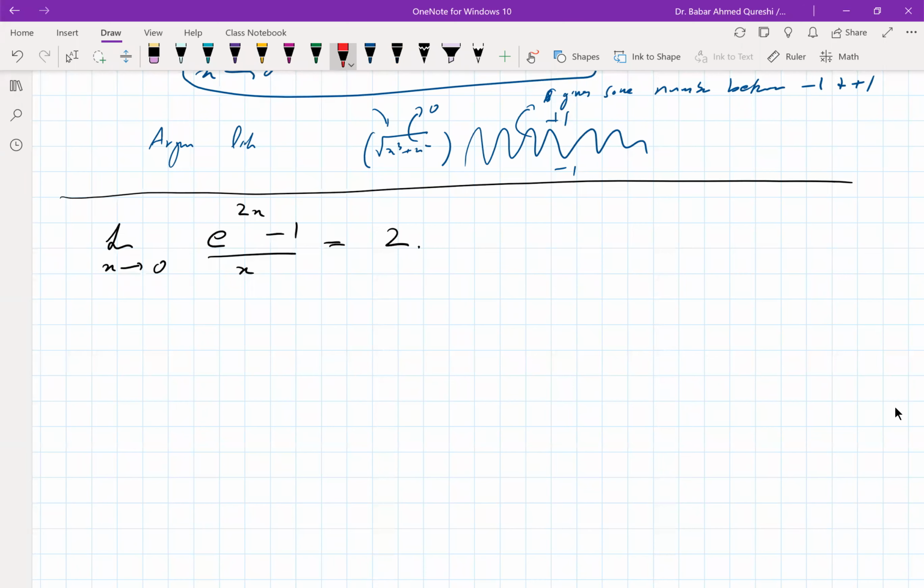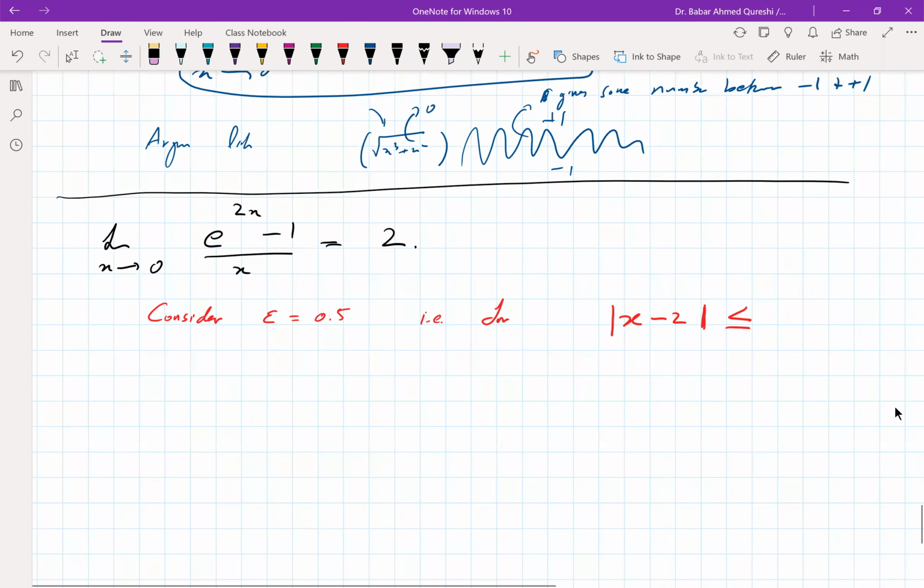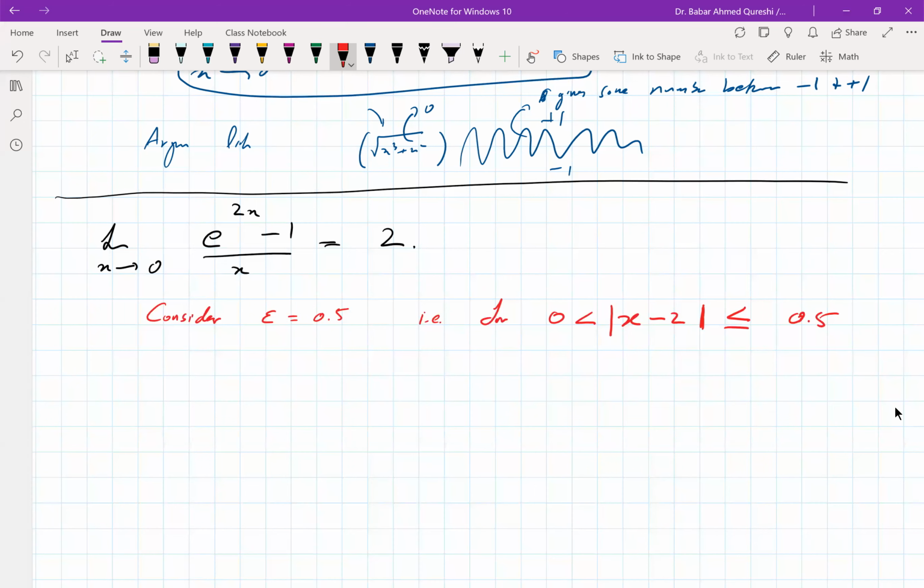Now if I consider 0.5, that means if I consider this range, x around 2, all those values of x around 2 differ from 2 by 0.5, but are positive.